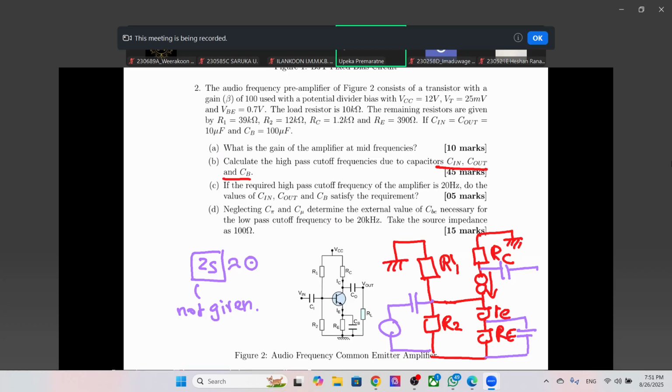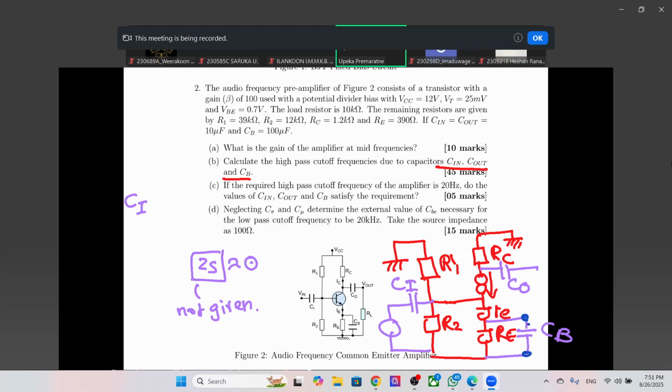So what is the method for deriving the equation? We take each capacitor, Ci, Co and Cb, as it is. When we take, for example, one capacitor and want to find its resistance, then we open circuit the other two capacitors.